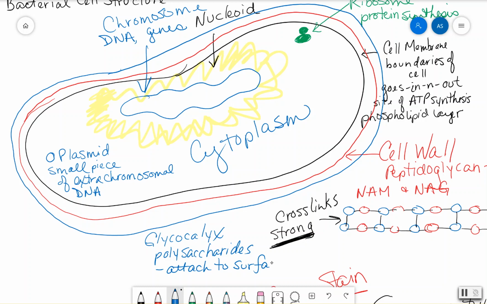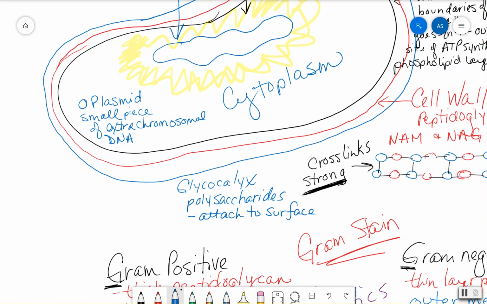One notable example of a glycocalyx-producing bacterium is Streptococcus mutans. It allows the bacterium to attach to our teeth, where it then secretes acidic byproducts and causes cavities. And it also protects the bacteria from the white blood cells of the immune system.